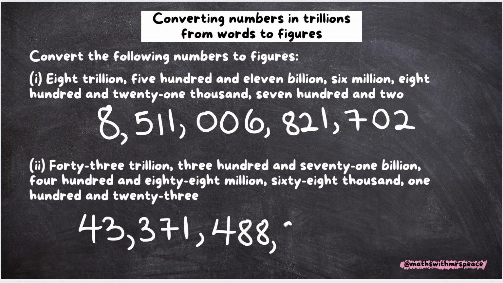So you're going to have 068 and then 123, 1, 2, 3, and there you have it, 12 digits just after the place value trillion, because 43 trillion, and then you have 12 digits. So this is a number in trillion, and our conversion has been done correctly.